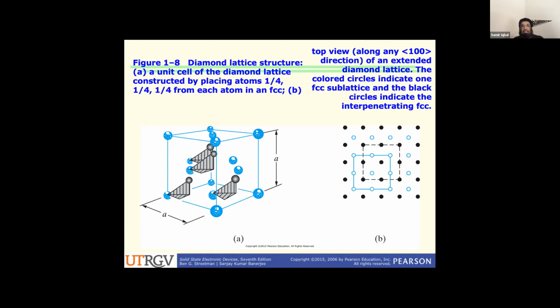So if you know what FCC is, then we are adding another twist to the structure. We are placing 4 more atoms in the FCC. And they are being placed at another precise location, which is 1/4, sorry, I went in the wrong direction, which is 1/4 to the corner and 1/4 up.